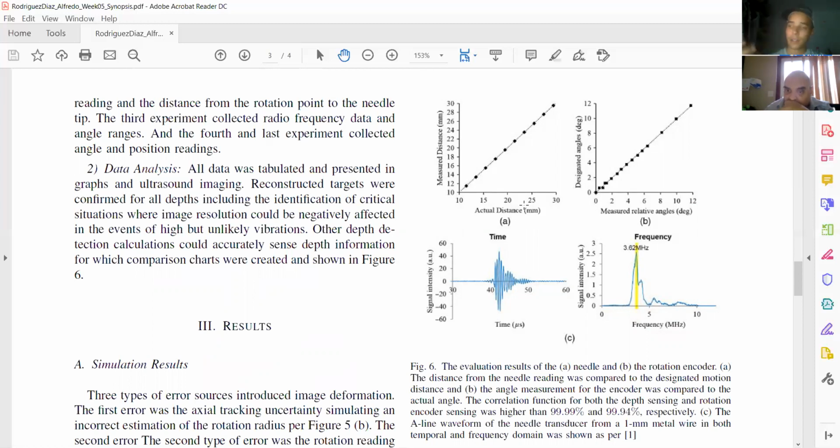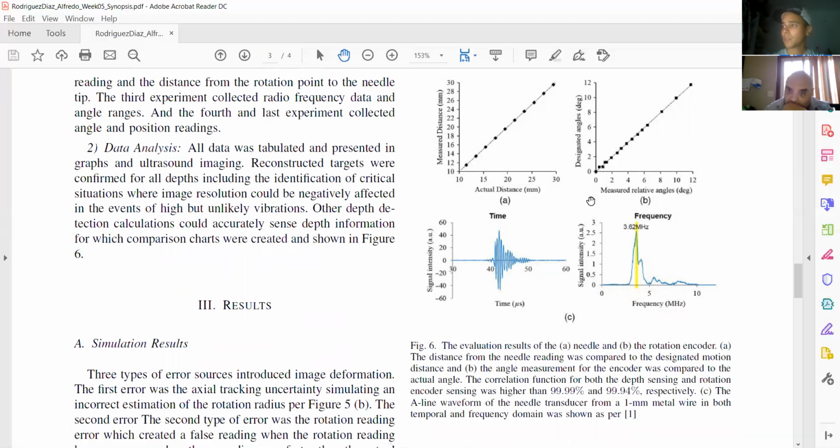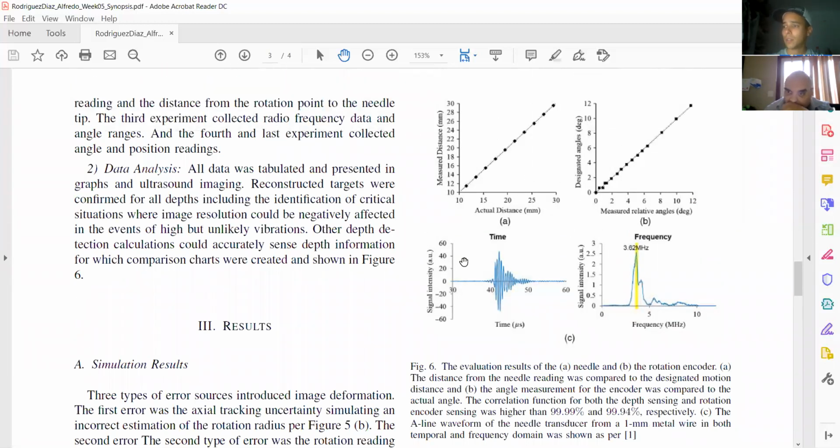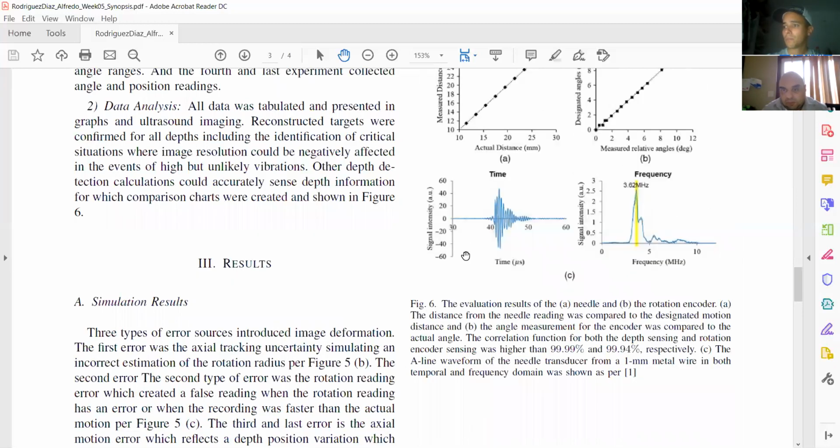So you have the simulation versus the real-life distance for the test, or the location of the tip. It also highlights the relative angles of the 1 degree of freedom robot that it has to do in order to go straight to where it's supposed to. Again, the encoder versus the simulation numbers are very, very similar.